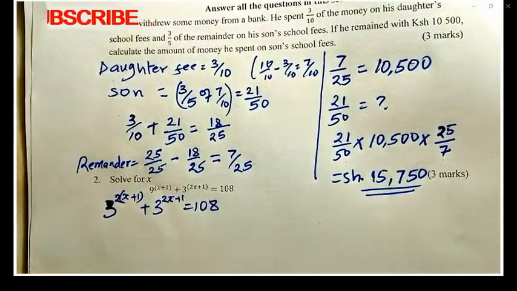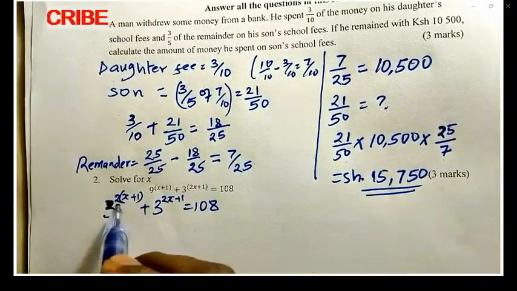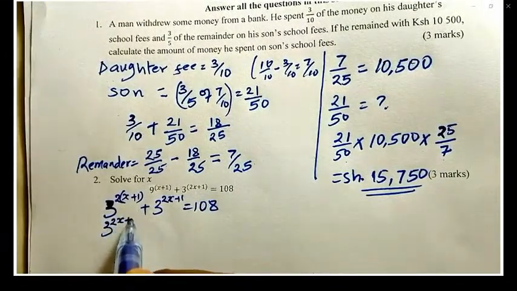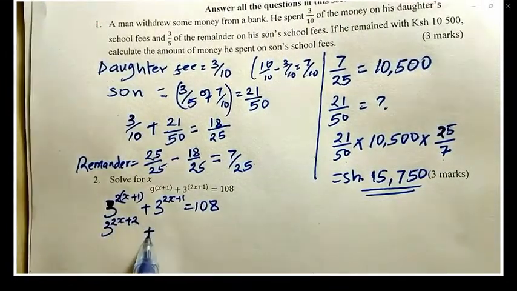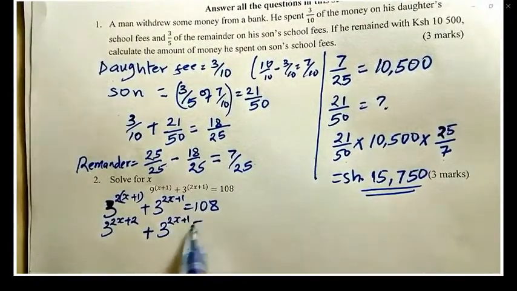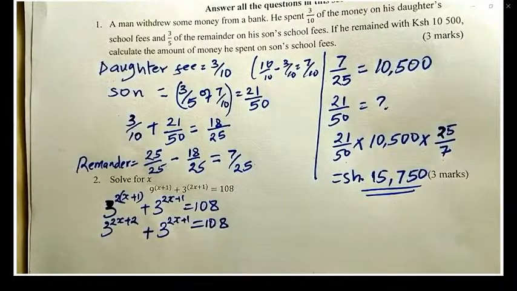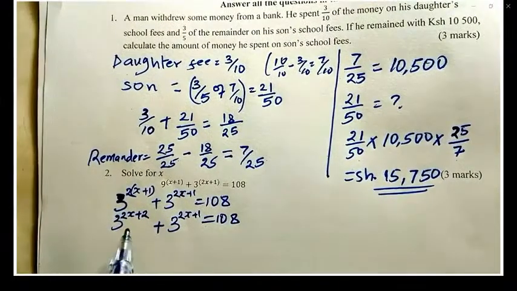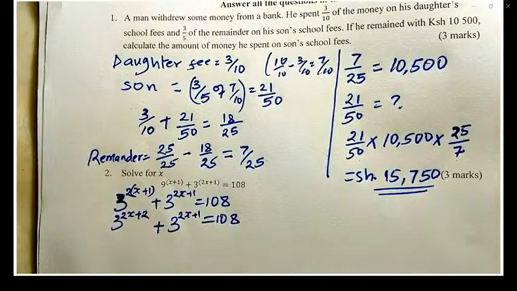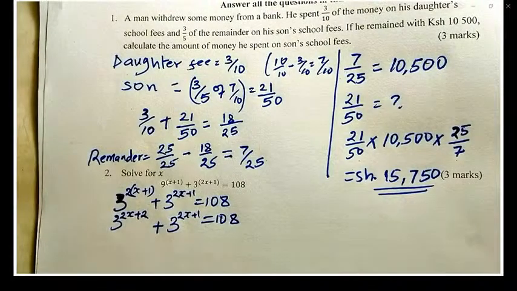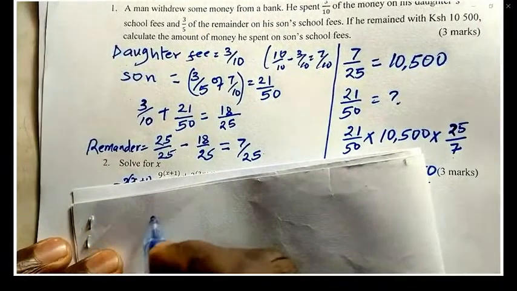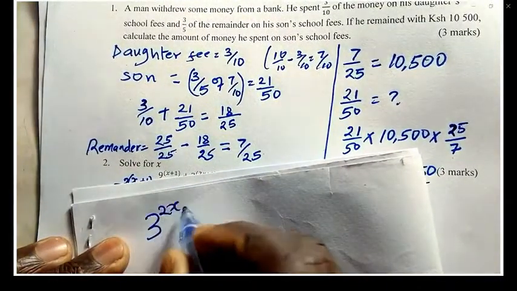So 9 times 3 raised to power 2x plus 1 is equal to 108. Open this one, itakuwa 3 raised to power 2x plus 2, then plus 3 raised to power 2x plus 1 is equal to 108. So nataka uelewe kwamba ukiandika hii namba namna hii, it simply means like this. 3 raised to power 2x plus 2.